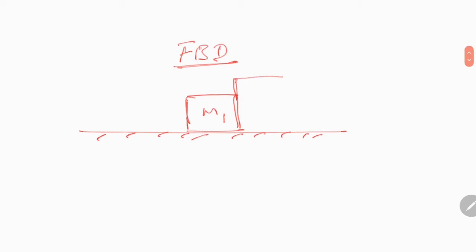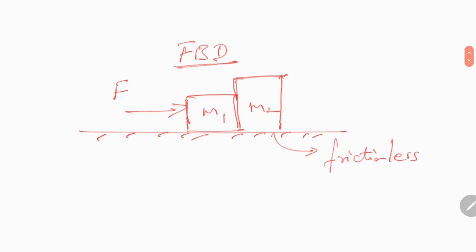And let's assume we have another body which is touching this body, and this is mass m2, and let us say we are applying a force F here. For now, this surface is frictionless. I'm just trying to explain the concept of a free body diagram, so let's work with a simple example here.